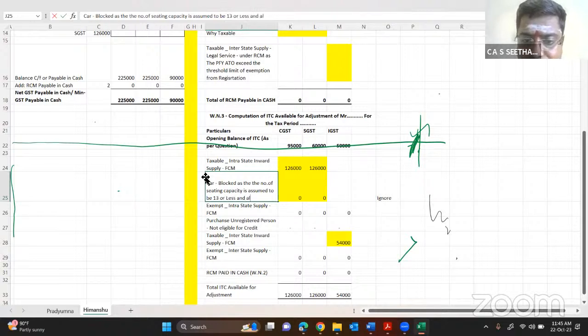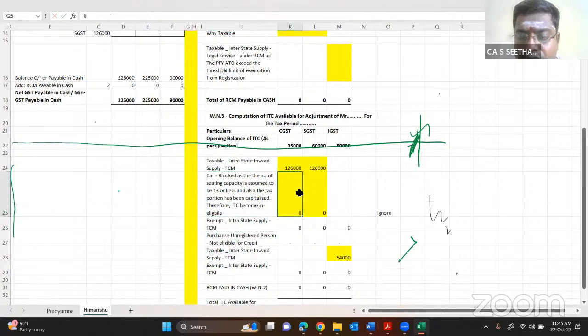And also the tax portion has been capitalized. Therefore, it becomes ineligible.